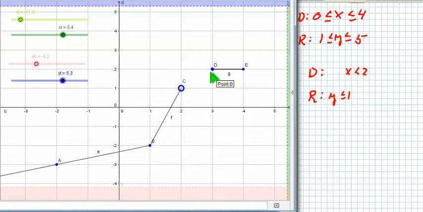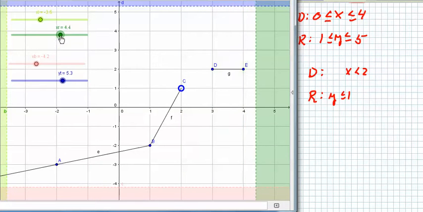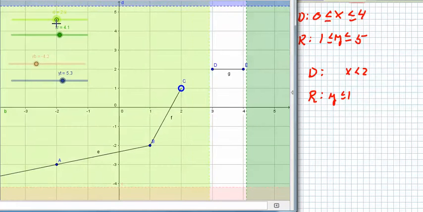Now I look at this, I see that I also have this segment, all right? And I can see that the segment goes from here to here. So now I'm going to move this over, and I can see that all the x values are less than 4, and I can see all the y values are greater than 3.